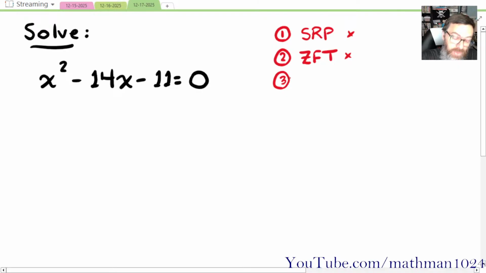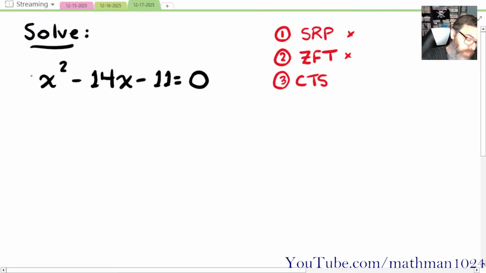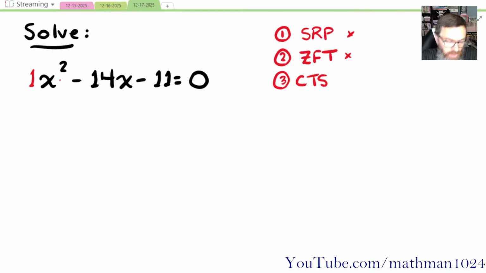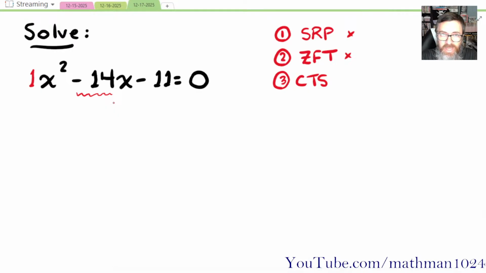The third thing that we were trying to do is to see if we can complete the square. For completing the square, we want a couple of things very particular to happen in our equation. One is that we need a lead coefficient of 1. So if we have that, great. And we also want to make sure that our middle coefficient is even, because part of the process for completing the square is to do half of that middle coefficient and then square it.